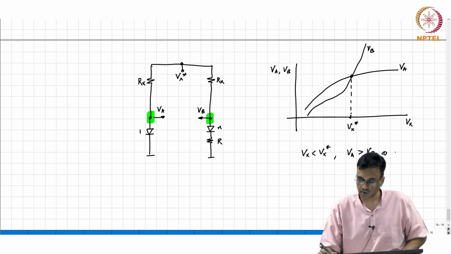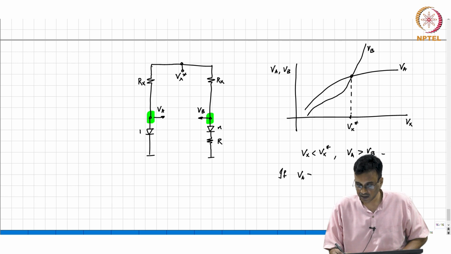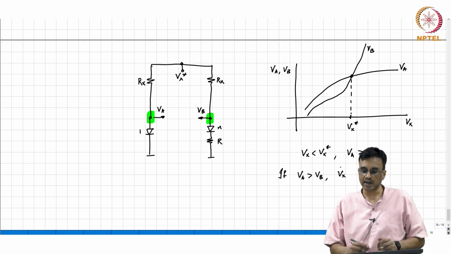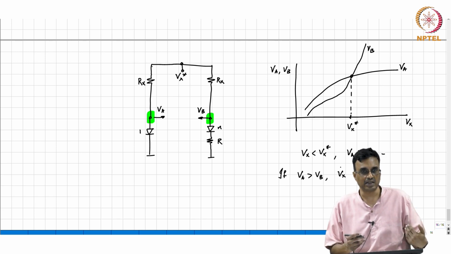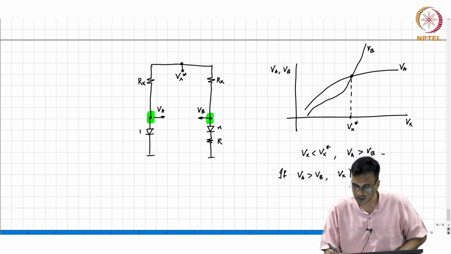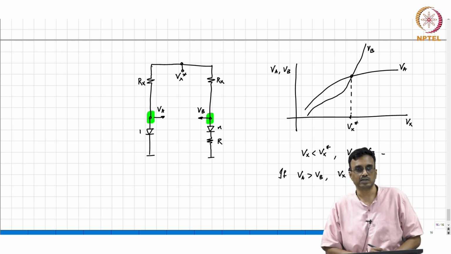So what must you do? If Va is greater than Vb, it means that Vx is less than Vx star. So Vx must be increased, and vice versa.